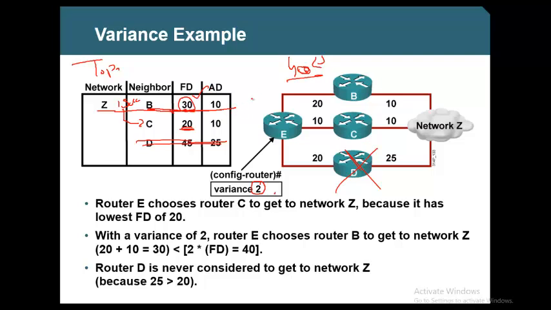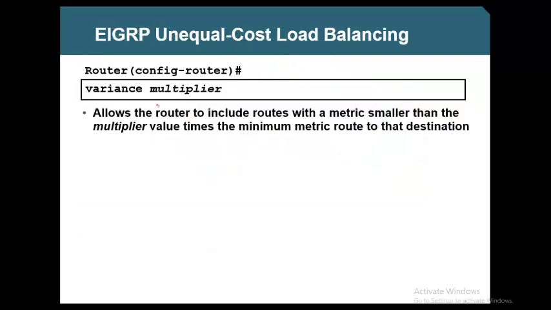And as I said earlier, routes that are seen in the routing table will be used for packet forwarding. So the variance is a multiplier value. That's what you see on the previous page. What is variance? It allows the router to include the routes with metrics smaller than the multiplier value.